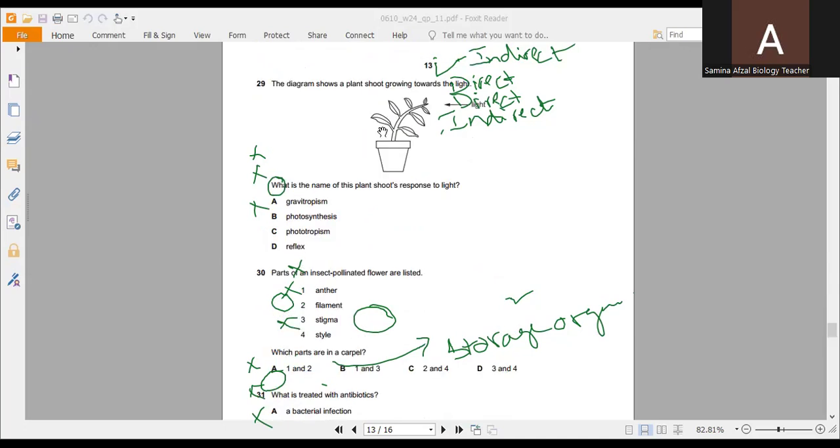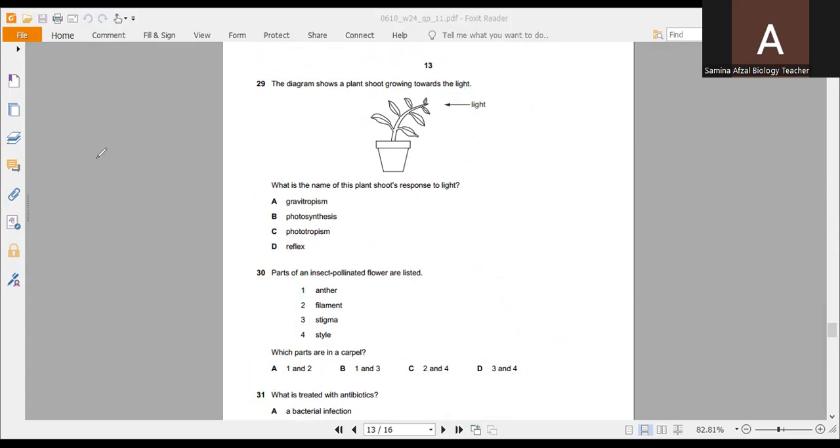Next, question number 29. The diagram shows a plant shoot going towards the light. What is the name of this plant shoot's response to light? Gravitropism is the response of plant root towards gravity. So this is called gravitropism.